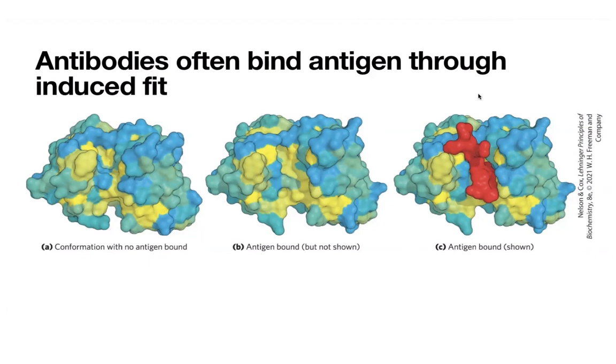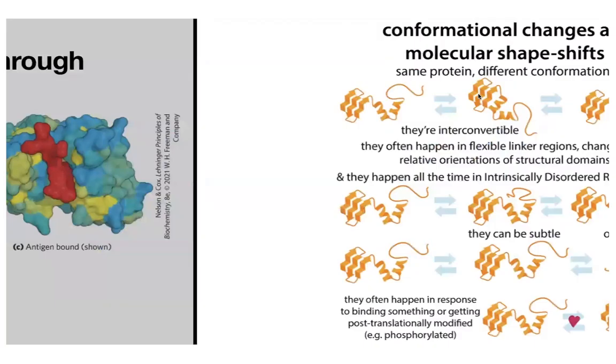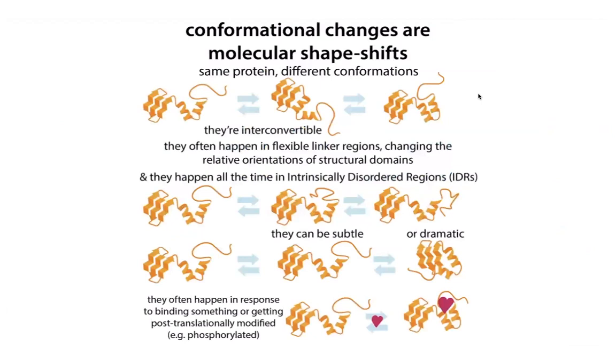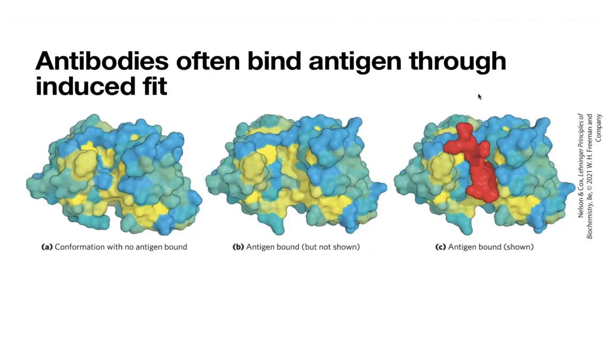Then when the antigen binds, the protein shape shifts a little. We call these shape shifts conformational changes. Sometimes these conformational changes can be really dramatic, but in the case of an antigen binding to an antibody, typically they're smaller, but they can still have important effects.